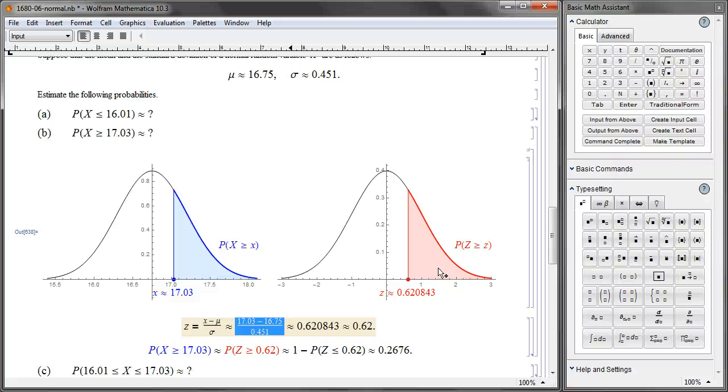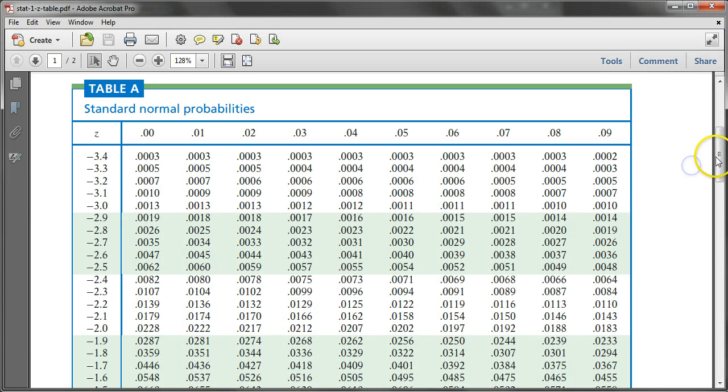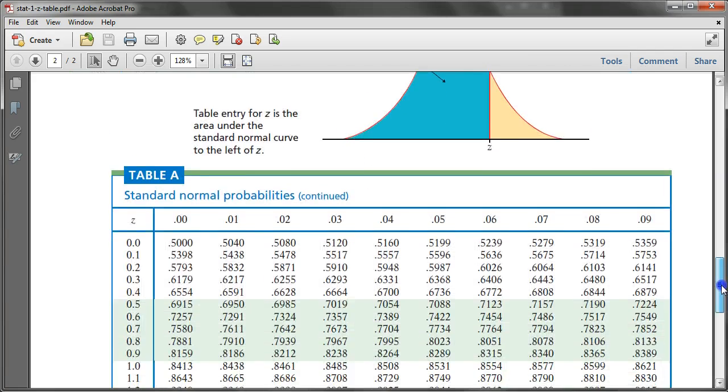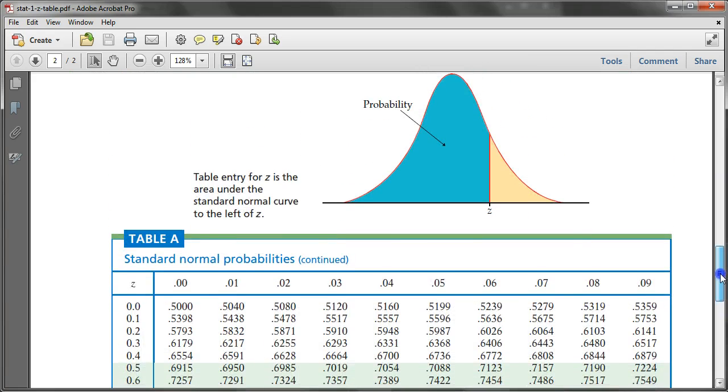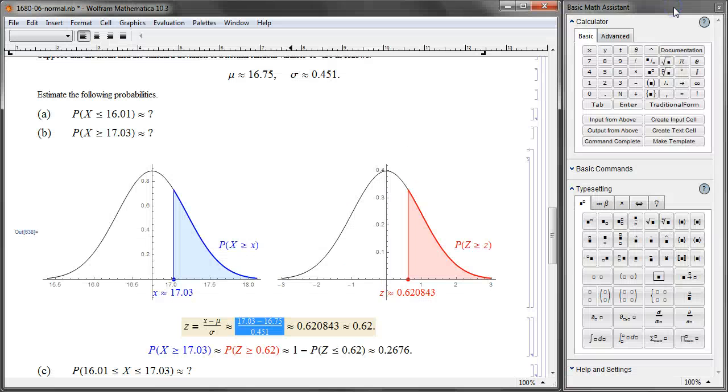And you know all about finding out the probability when you have the standard normal. Open up the standard normal table and go to the second page and get 0.62, yes, 0.7324. This is not the answer because this picture, as you can see where my mouse is, is not the same as any of these.